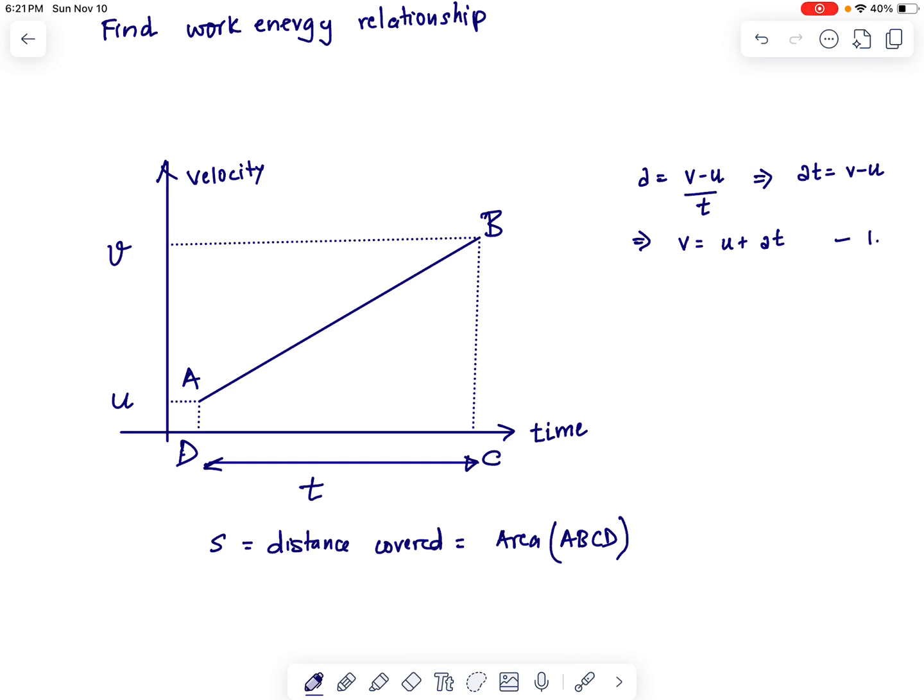Now, if you want to find the distance traveled, we find the area of this quadrilateral, which is a trapezoid. This side is parallel to this side.